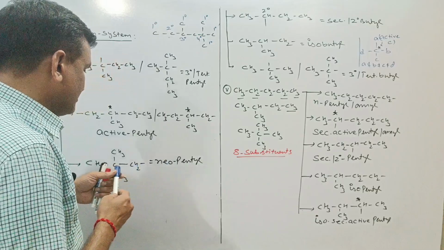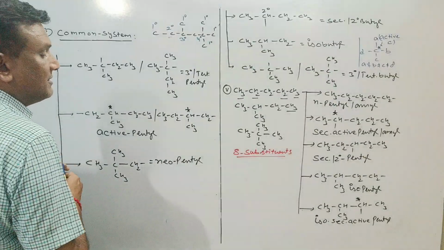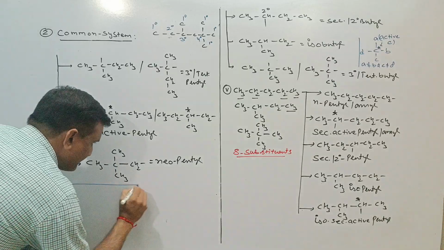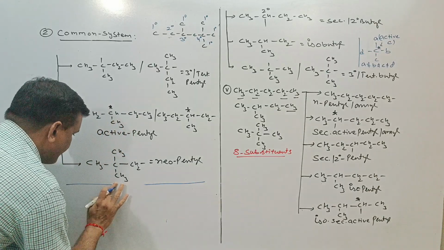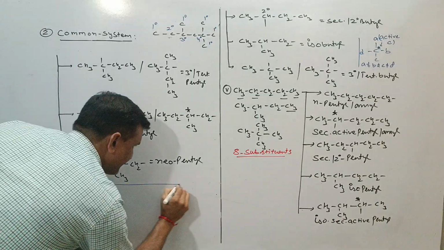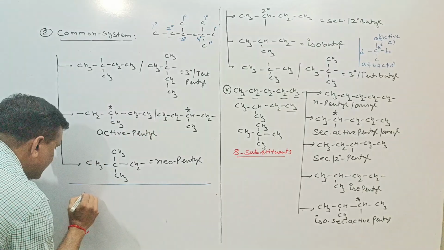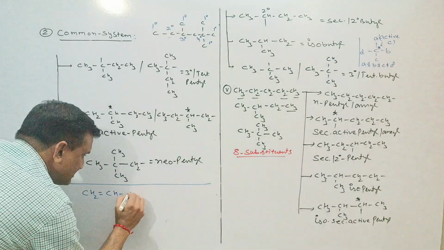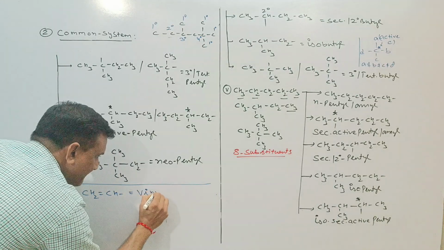There are some 2 or 3 important substituents also. You can take them over here. This is for alkyl substituents. Now if you go with CH2 double bond CH, this is called vinyl.